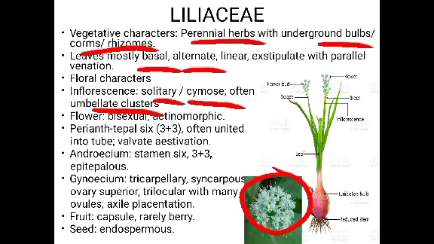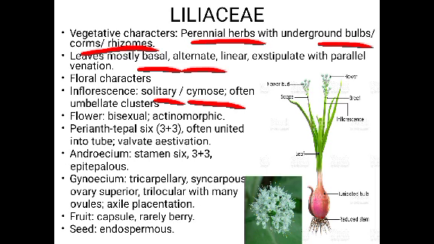So it is cymose, often forming umbellate clusters. Then the flower is bisexual. If you see the flower character, it is bisexual in nature, that is both sexes are there. Then actinomorphic. You know what it is? We can get two equal halves in any plane.